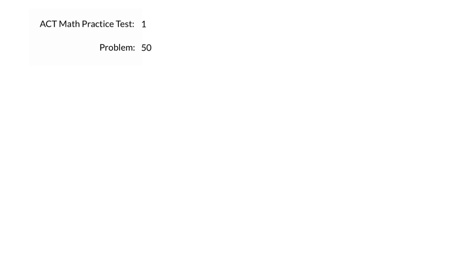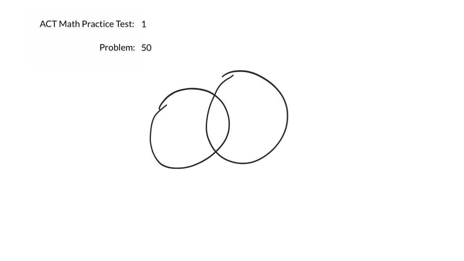Problem number 50 is one of those problems where it might be a good idea to think in terms of a Venn diagram. Now, here's a Venn diagram. And this circle on the left will represent students who play guitar. So I'll just write a G for guitar, and the other one would be a P for piano.